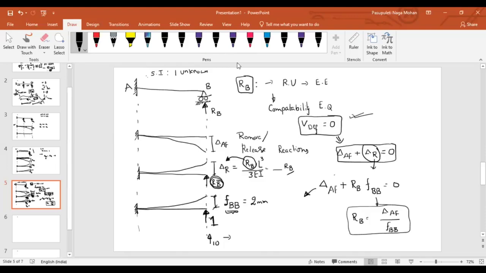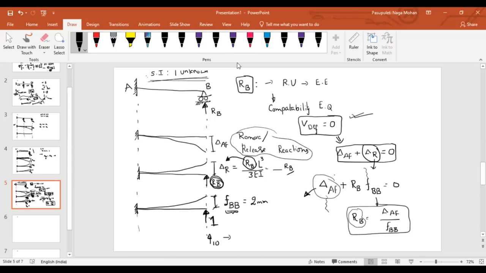Now, if you want to use the flexibility method or consistent deformation method, what are the steps involved? What is the first step you have to do? Release the reactions.